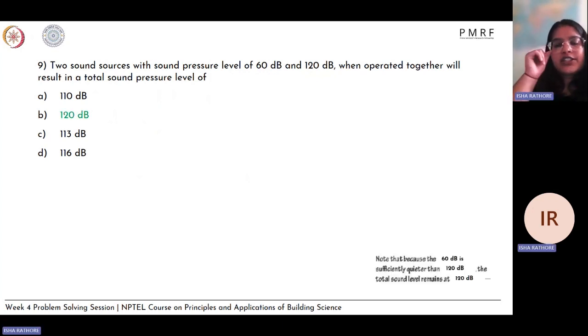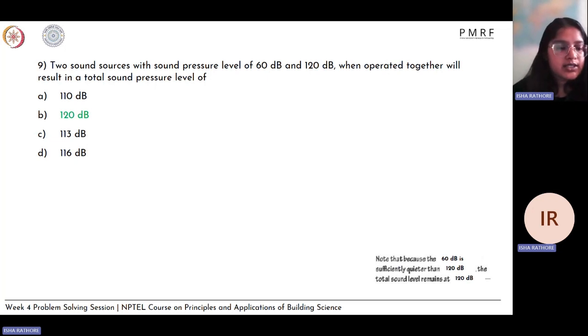Okay, so again, you can achieve the same thing by solving, but if one sound source is sufficiently quieter than the other, then the total sound level remains at the higher sound source level.